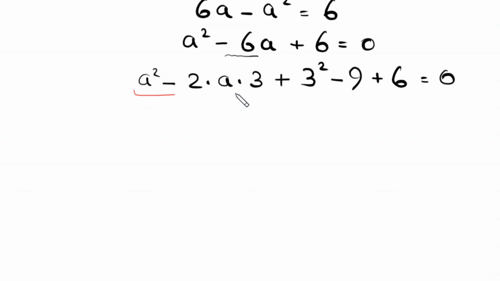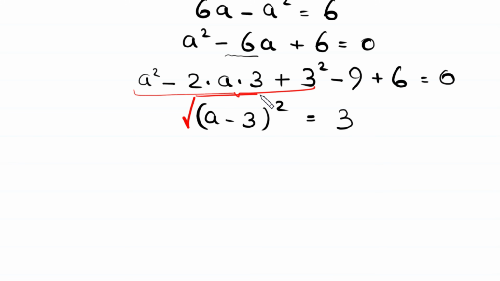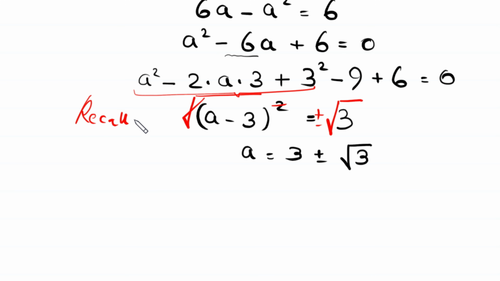This a squared minus 2a times 3 plus 3 squared will become a minus 3 whole squared equal to negative 9 plus 6, which is negative 3, and this will become positive 3 on the right hand side. From here we take the square root of both sides. So this square will be cancelled out with the square root and a will be equal to 3 plus minus root 3.